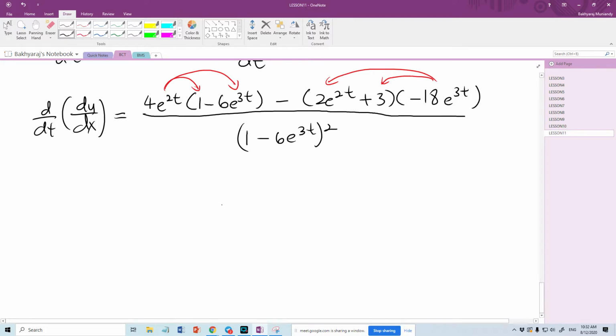Okay, so when you expand, you get equal 4 exponent 2t minus 24 exponent 5t.